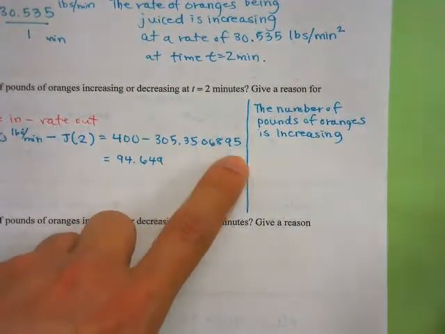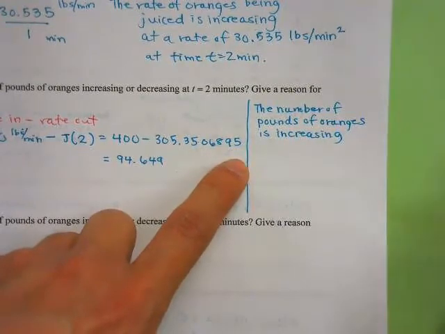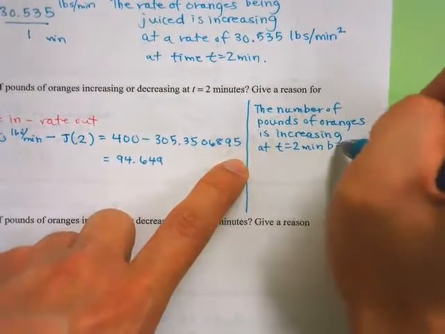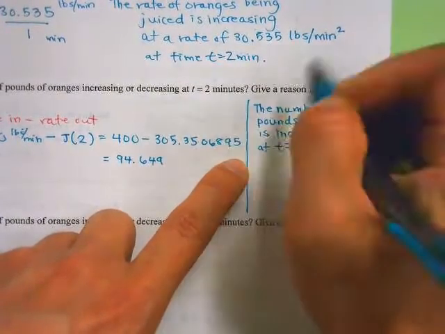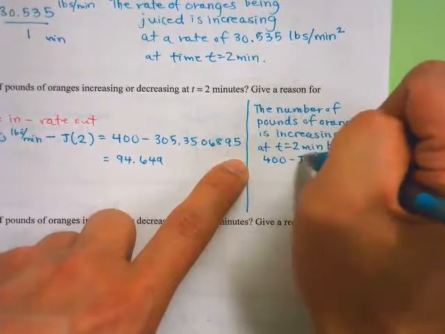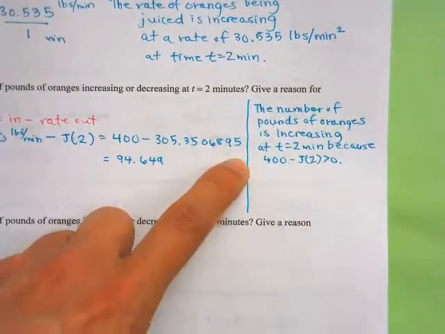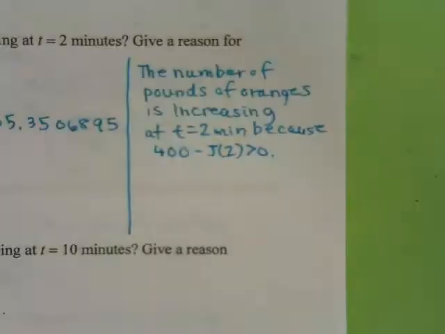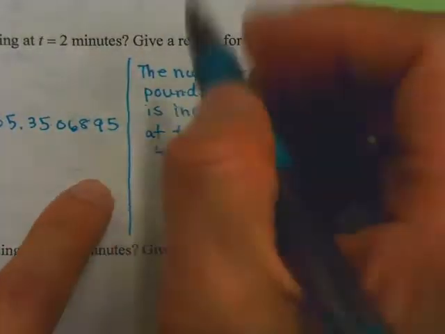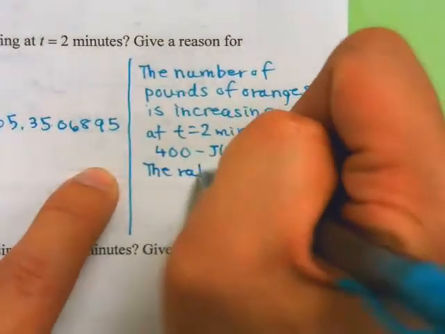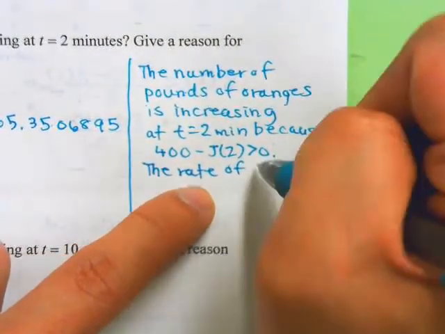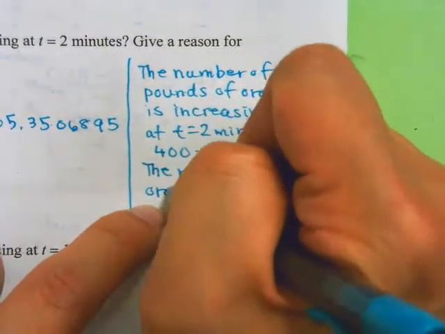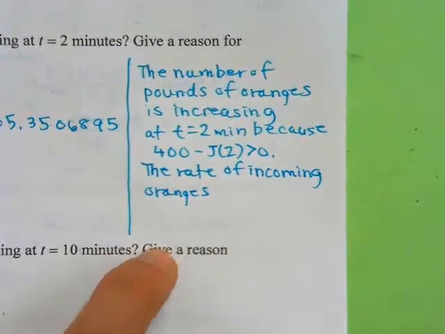Because your rate in and rate out is increasing at t equals 2 minutes, because 400 minus J of 2 is greater than 0, or 400 minus J of 2 is positive. Either one is totally fine. I'll just put one more sentence: the rate of incoming oranges, or oranges coming in, any English equivalent will be okay.